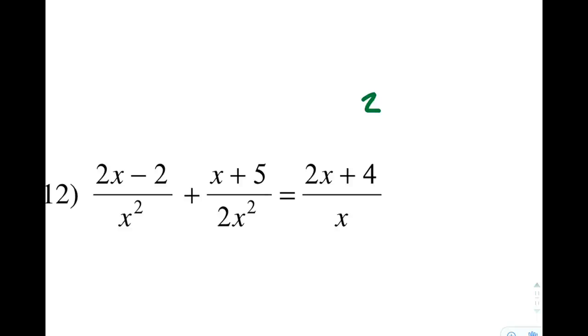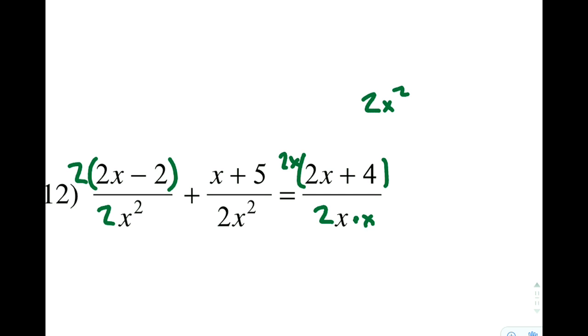My highest power of my x's is x squared, so 2x squared, which means multiplying top and bottom of this one by 2. Notice how I put parentheses on that numerator because there was addition or subtraction going on. I didn't want to miss anything. I have everything I need on this one, and this one needs both a 2 and another x. So I'm going to multiply this top and bottom by 2x.